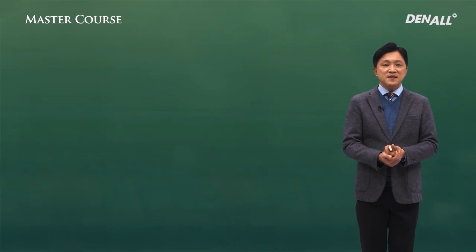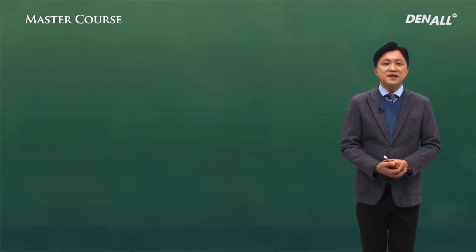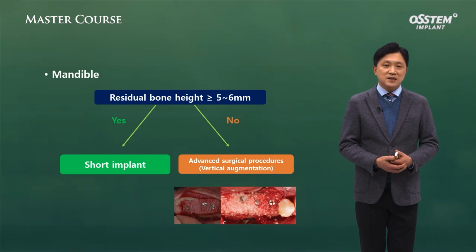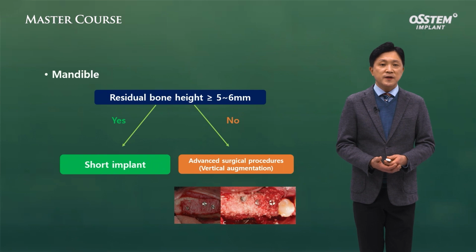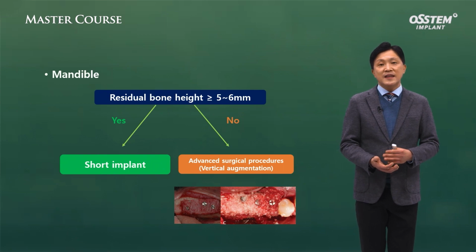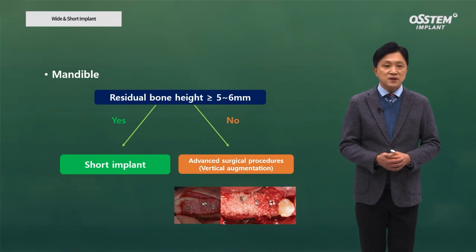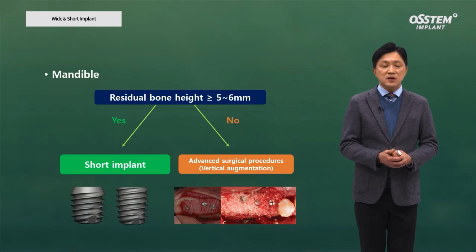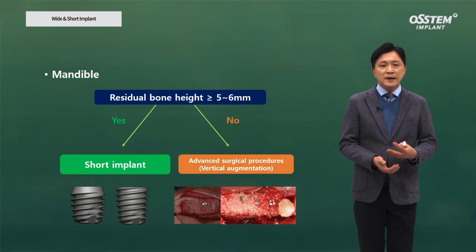So today we talked about wide and short implants. So, summary. When you use short and wide implants, you use them mostly on the mandible side. So let's look at that first. For the mandible, if the residual bone height is 5 to 6 millimeters, that would be the criteria for decision making. If the answer is yes, then you have to use a short implant.